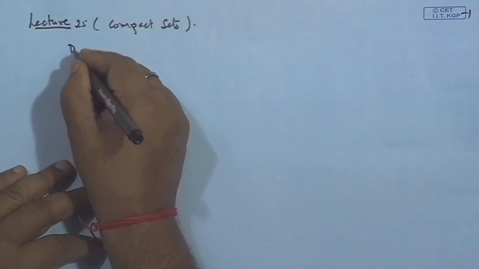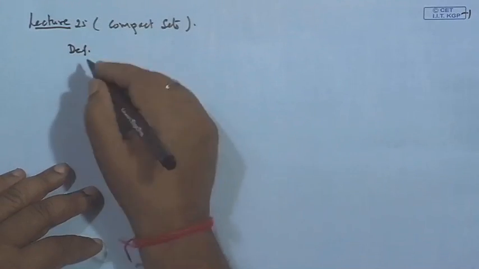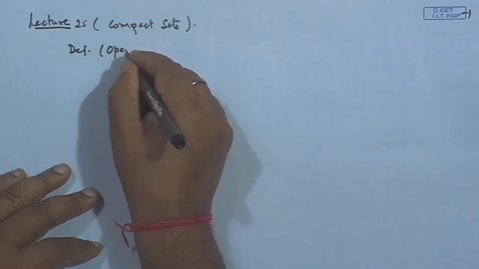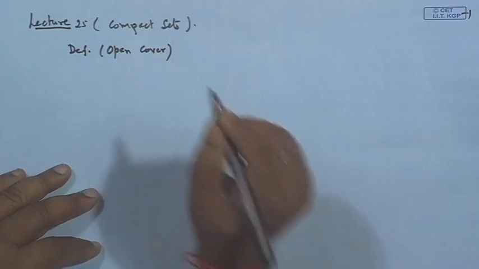So, today we will discuss compact sets in a general metric space, which requires the concept of open cover. So, first we see open cover.